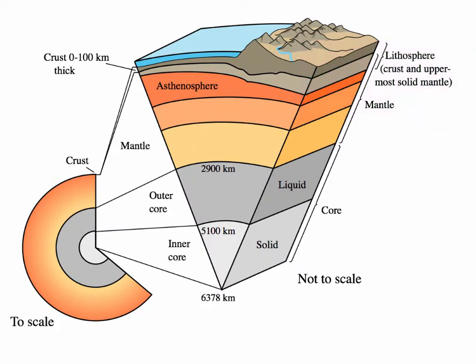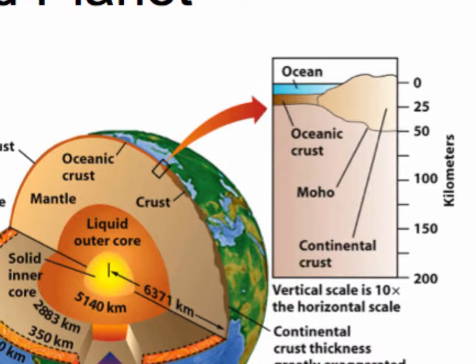Now, the thickness of the crust varies depending on whether you have oceanic crust or continental crust. There's two distinctly different kinds of crust. Our oceanic crust is relatively thin, only about 8 kilometers thin, and it's relatively dense, which means that it floats a bit lower in the asthenosphere.